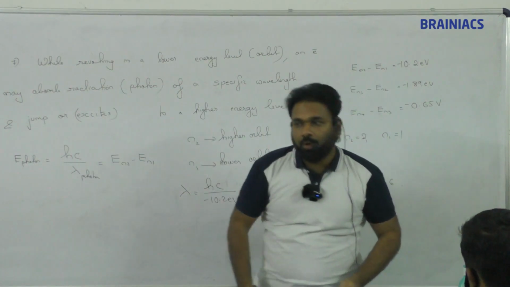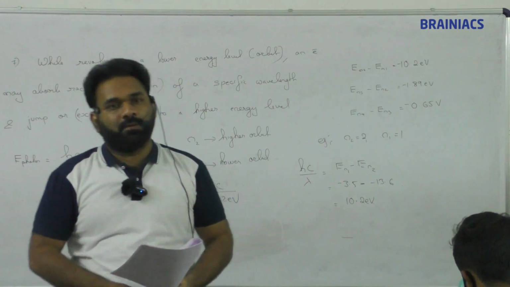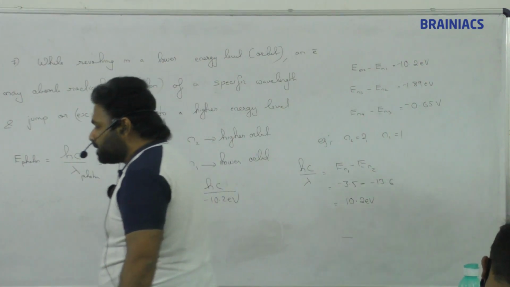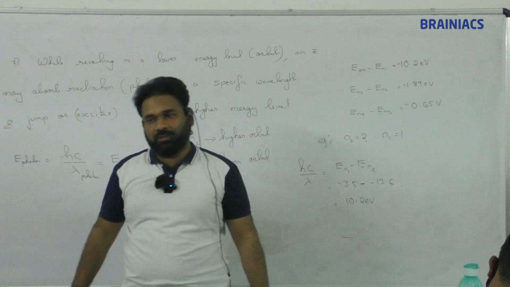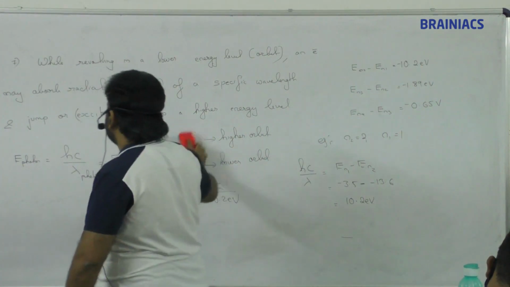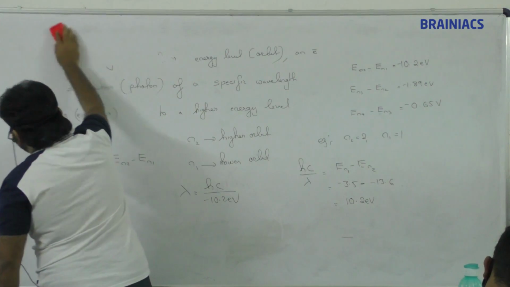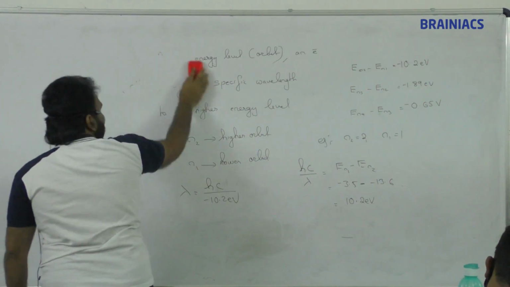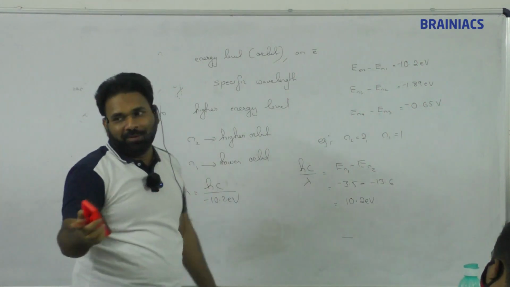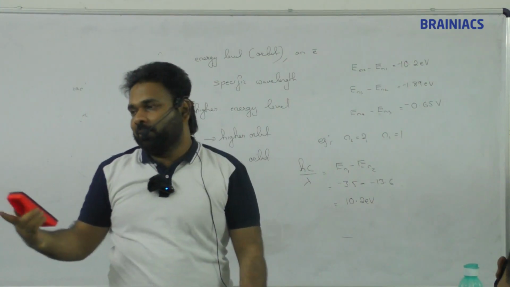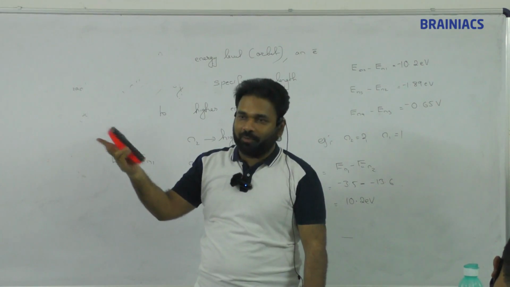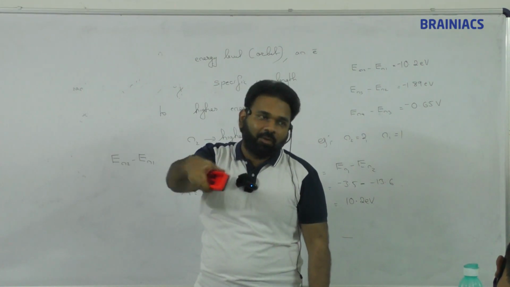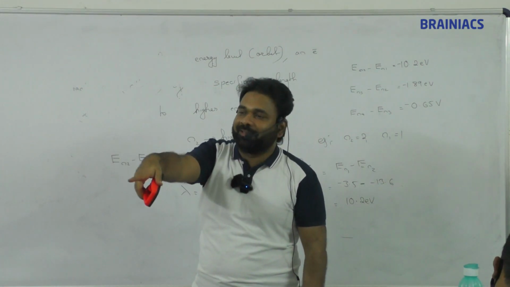Right. Drawbacks are there in the Bohr model. He is only able to analyze hydrogen-like species, with one electron. That is why in the problem they gave Li++ too. Li++ means one electron remains. Also He+ you will get.